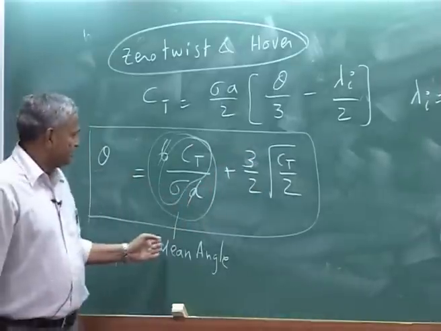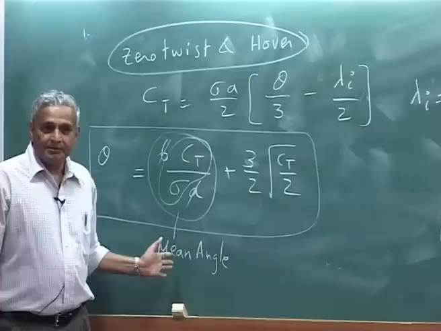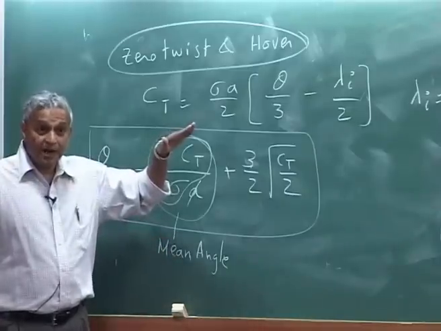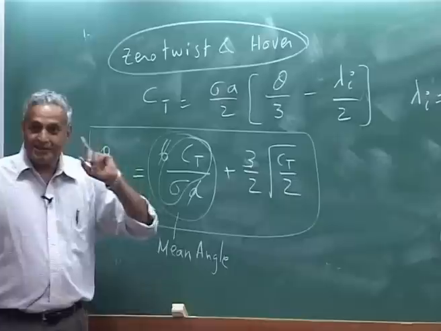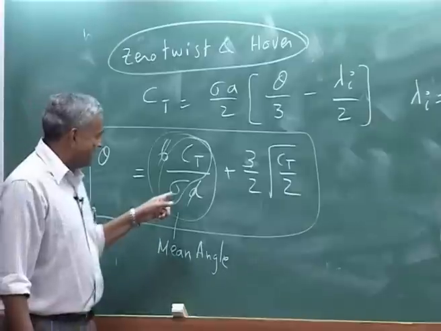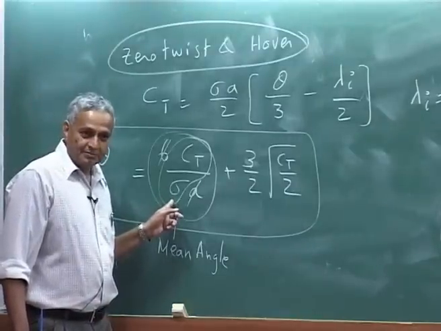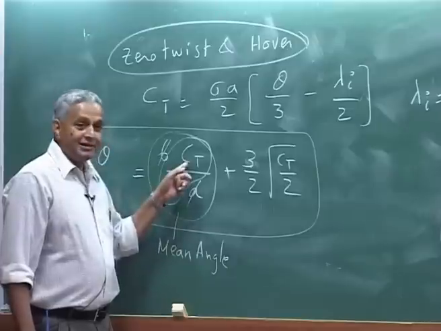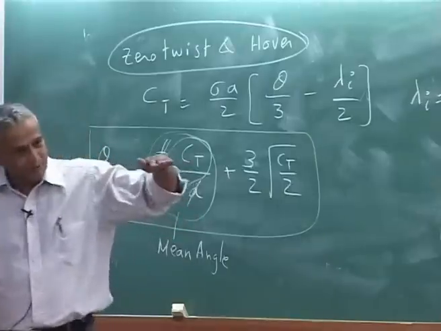Suppose this value becomes 15 degrees for the aerofoil, then you are nearing stall of the blade. If I increase my solidity ratio, I reduce the angle for hover, that means my aerofoil is good.